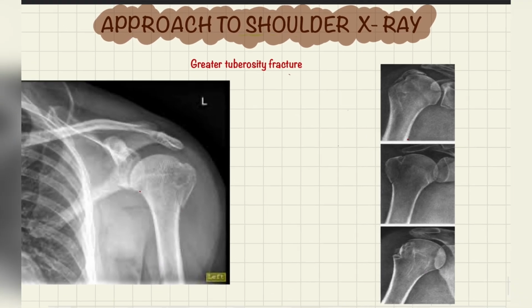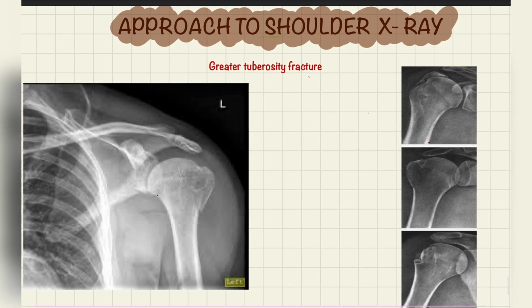Always correlate your X-rays with the physical mechanism of injury to the patient while listening to their chief complaints, and you will notice that there is always an inferior blow towards the humeral head, a strong force coming from the downside towards the humeral head, and that is why the GT, the greater tuberosity, comes in contact with the bony part, which causes a GT fracture, and then the fracture fragment is pulled by the supraspinatus.